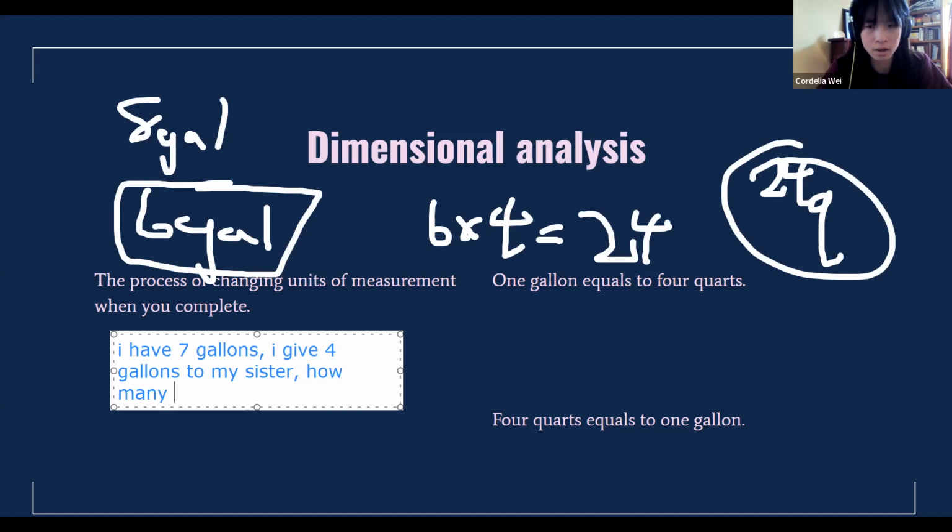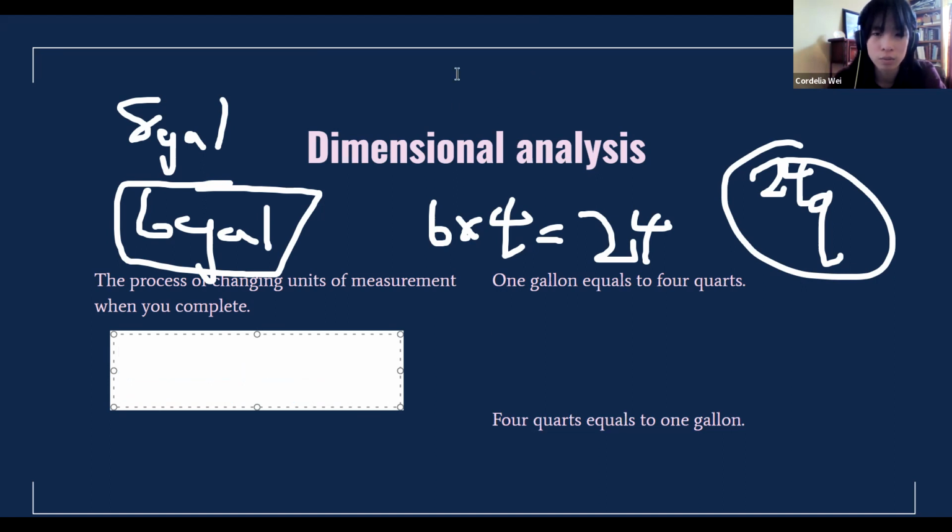Okay, so there are 4 quarts in a gallon. I think there are 2 pints in a quart. Okay, let's just do 2 pints in a quart. How many pints do I have? So I might be wrong, but I think that there are 2 pints in a gallon. So in this world, there's going to be 2 pints in a gallon.